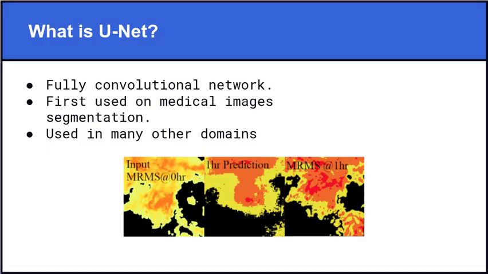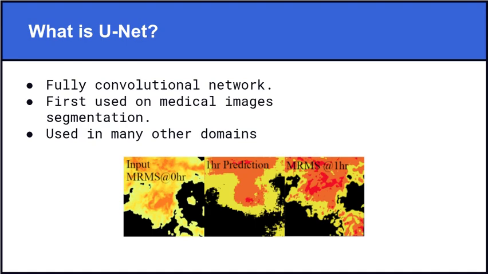Now that we have seen some of the most famous architectures, let's talk about the model that we will be using, which is the model called UNet. So UNet is an architecture based on a fully convolutional network. This means that we don't have any fully connected layers in our architecture. It was first used in medical image segmentation and achieved great results.